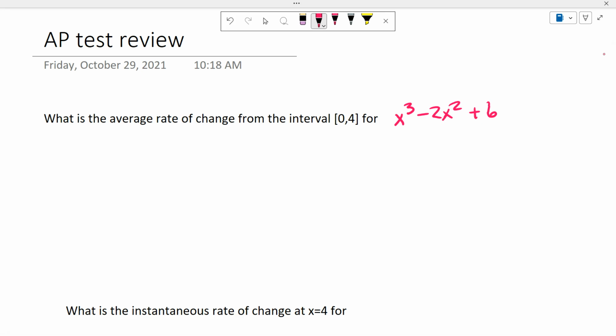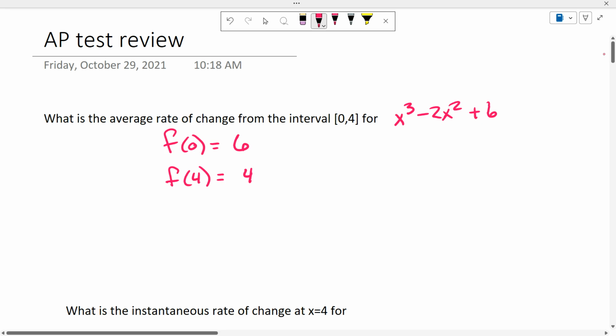Put the number in. So at f of 0, you get 0 cubed minus 0 plus 6, which is 6. F of 4 is 4 to the third minus 2 times 4 squared plus 6, which is 64 minus 32, which is 32 plus 6, which is 38.